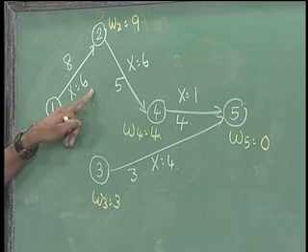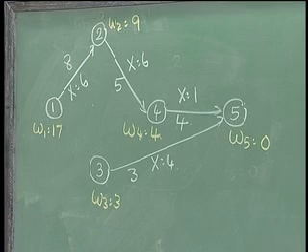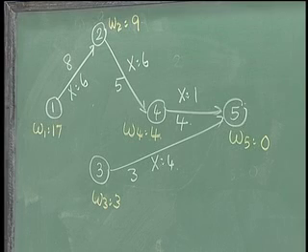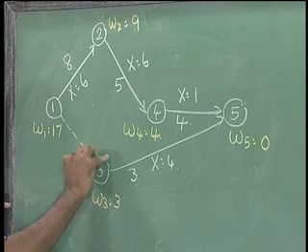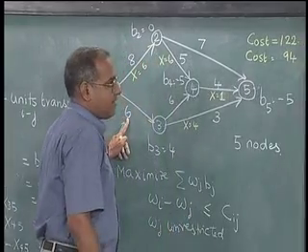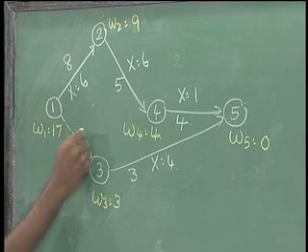Now, we again have to go back and check whether this dual is optimal, which means we have to evaluate Wi minus Wj minus Cij for all the non-basic variables. So, we first look at this non-basic variable 1 3: Wi minus Wj minus Cij, 17 minus 3 is 14, 14 minus 6 is 8.